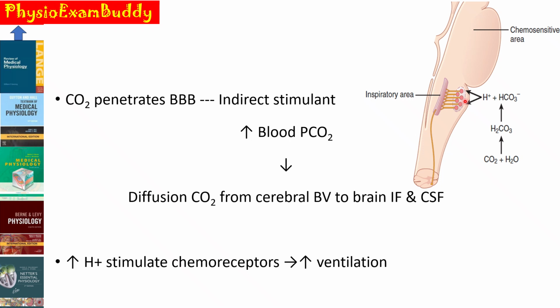Thus, the carbon dioxide level in the blood indirectly affects the H plus concentration inside the blood-brain barrier and produces an increase in ventilation. Thus, the carbon dioxide level in the blood regulates ventilation chiefly by its effect on the pH of the cerebrospinal fluid.